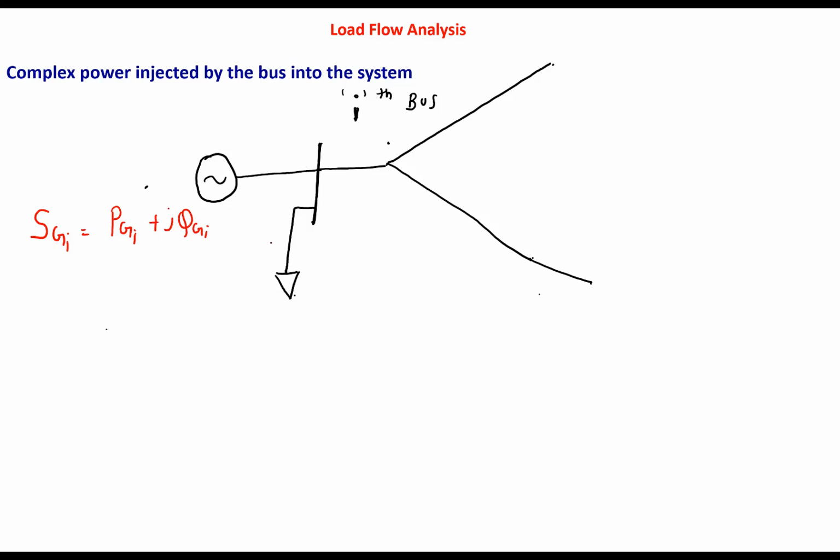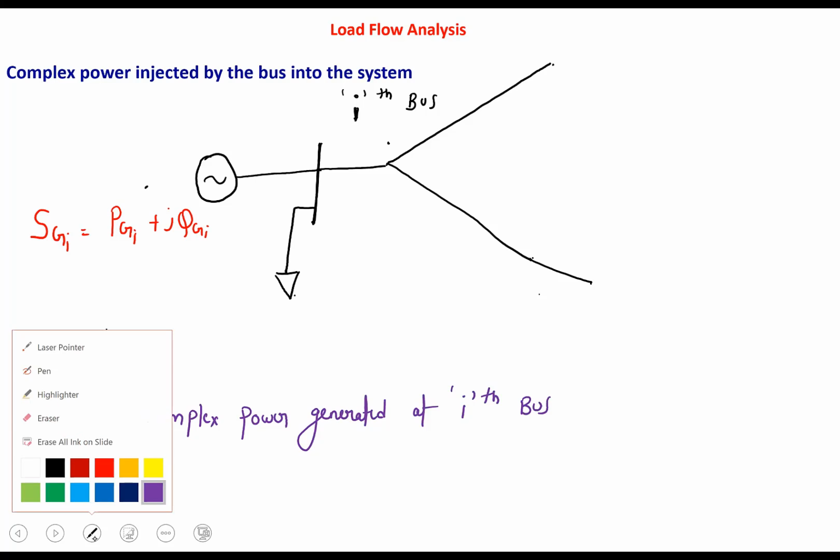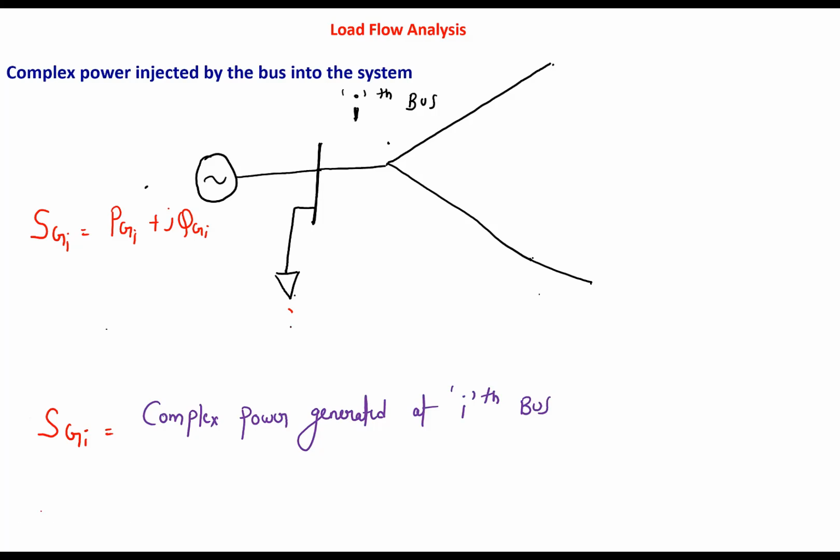SGi is the complex power generated at the ith bus. Not only a single generator, it can be a combination of a number of parallel generators. So SGi denotes complex power generated at the ith bus, where PGi is the real power generated and QGi is the reactive power generated. Understand?